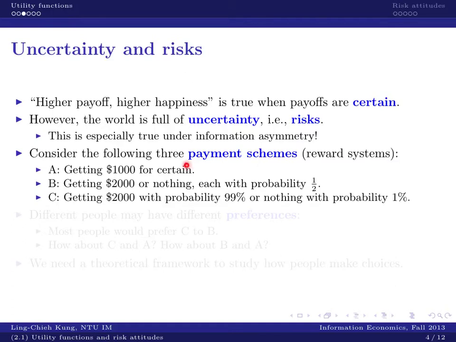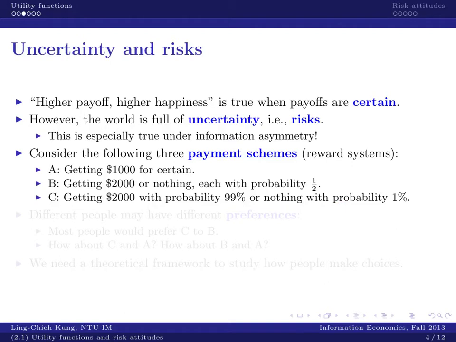Here I list three payment schemes or reward systems. Let's see what they are. In plan A, you're going to get $1,000 for sure. In plan B, you may get $2,000 or nothing, each with probability 1/2. In plan C, you get $2,000 with probability 99% or nothing with probability 1%.